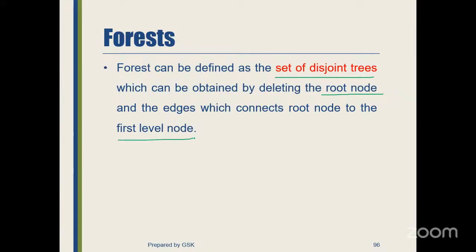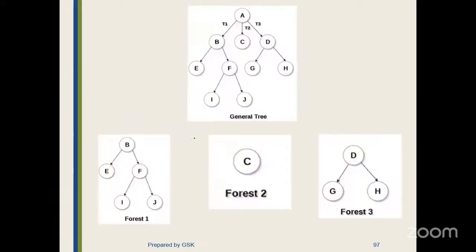In simple terms, if we remove the edges we use to connect the root node to the next level nodes, then we get some disjoint trees. Those are called forests. Let me give an example.